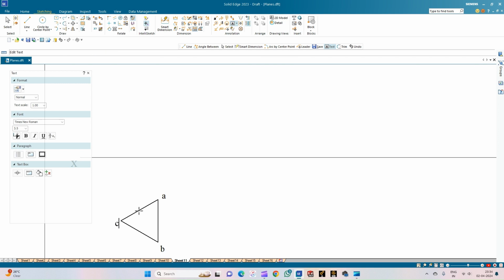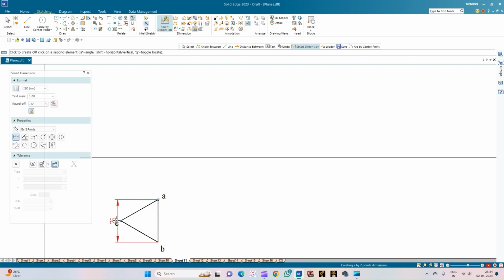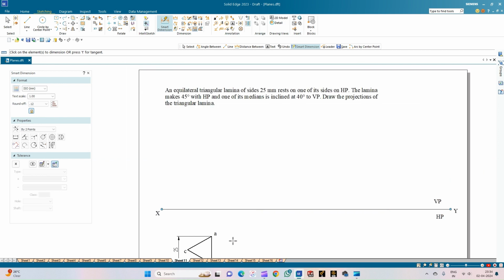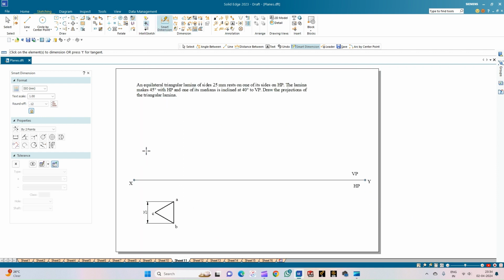So as per our observation, a triangular lamina of side 25 is resting on HP on one of its edges AB. So in the second position, this triangular lamina is inclined to the HP at an angle of 45 degrees. Okay, so we will complete the second position now.